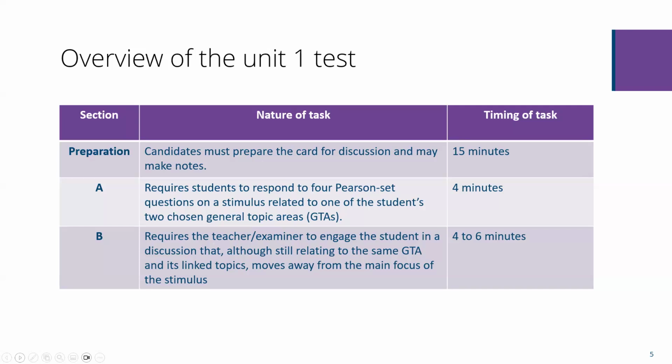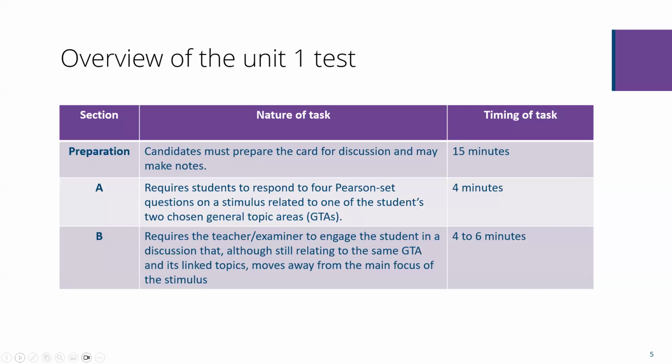And section B requires the teacher examiner to engage the student in a discussion that, although still relating to the same general topic areas and its linked topics, moves away from the main focus of the stimulus.